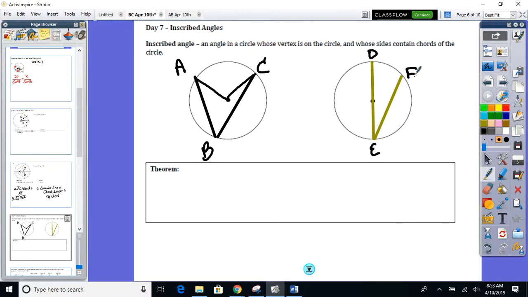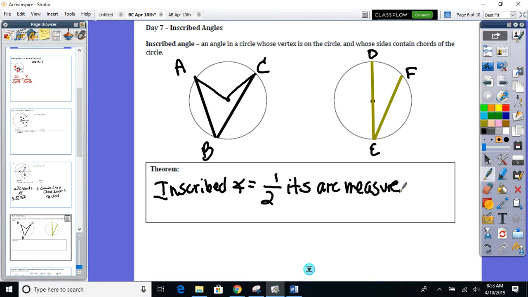So what's the deal? How do I find the measure of it? Because it's not equal to its arc, but pretty close. Inscribed angle is equal to half the arc measure. So half its arc measure.